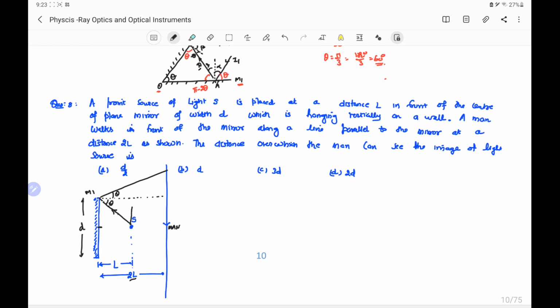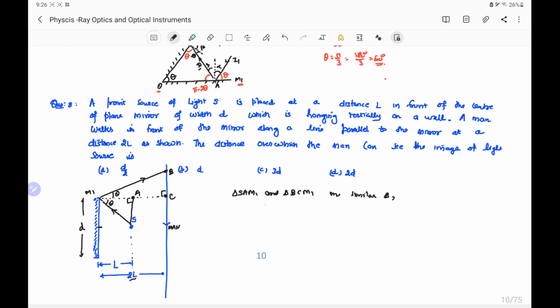We drop a normal and it meets at a point, say A. The reflected ray meets the path at the point B, and the normal from M1 on the path is C. Angles at C and A are 90 degrees, so triangle SAM1 and triangle BCM1 are similar triangles because their corresponding angles are equal. Therefore, the ratio of the sides will be equal.